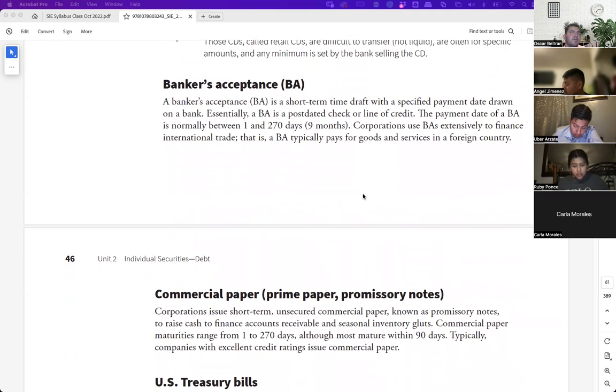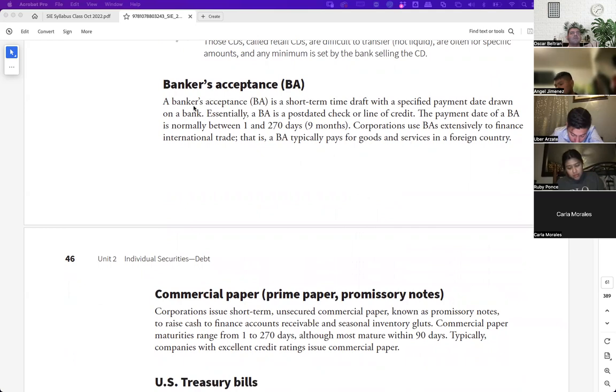Okay, so right here you have banker's acceptance and commercial paper. They're very, very similar, and it's very important that you do not confuse the two, because they'll definitely put those two different concepts on the exam. So memorize the difference between the two.